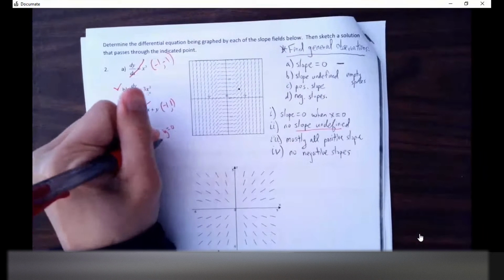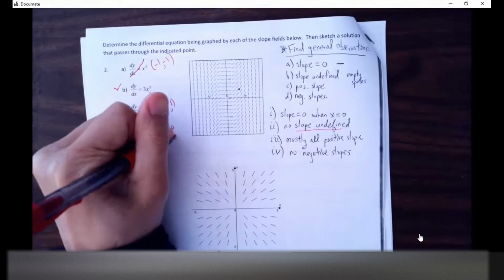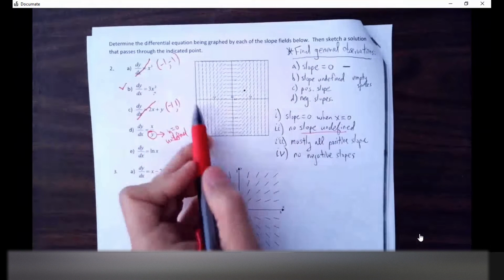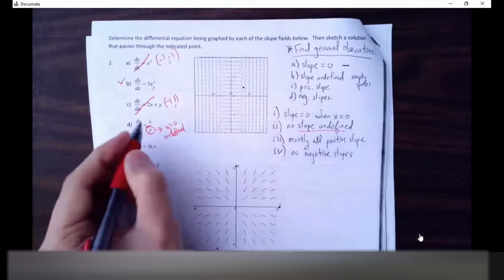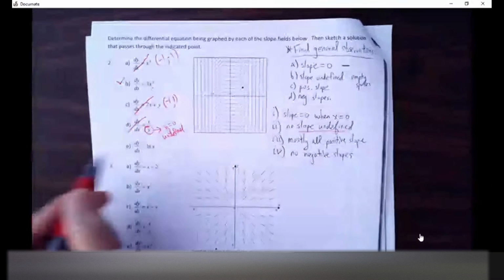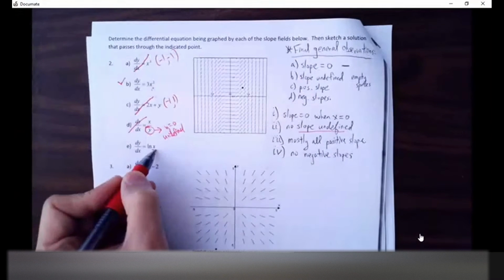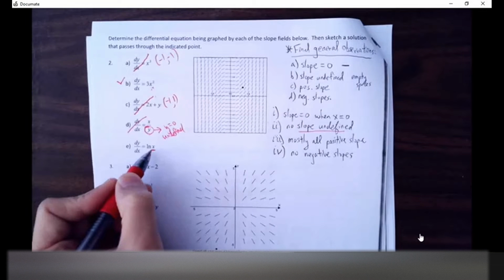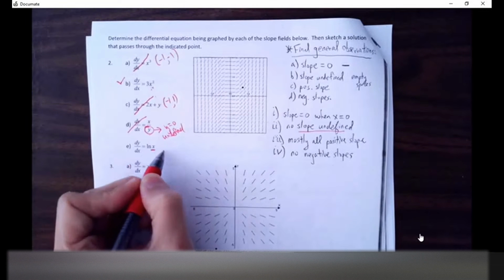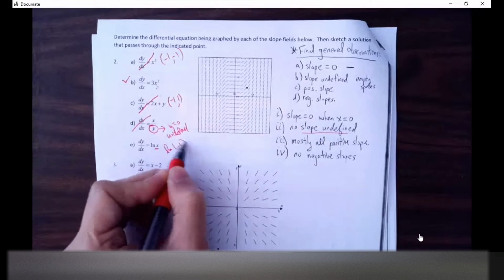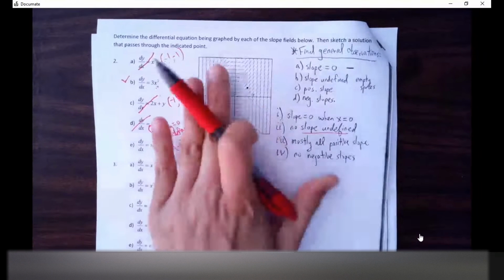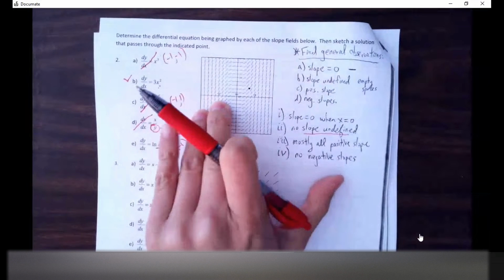So y equals 0 should be undefined. I should see a whole bunch of empty spaces here, but these are all slope segments, so this is out. And the natural log of x can only take a positive value. So if I try putting in -1, I should be getting undefined everywhere here, but I don't see that's the case at all.